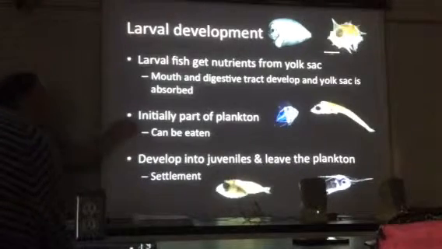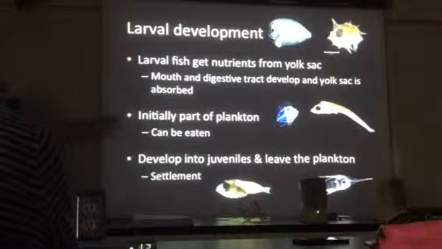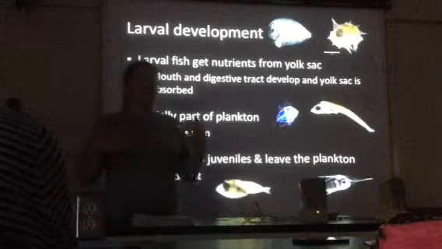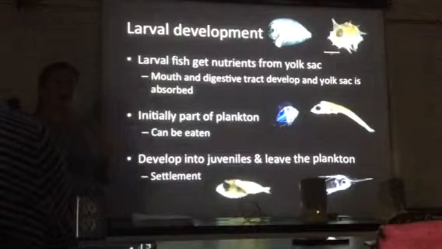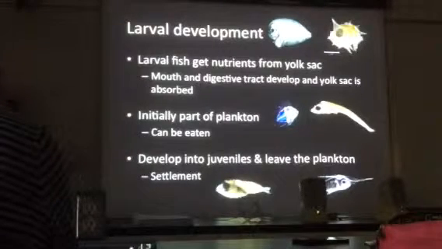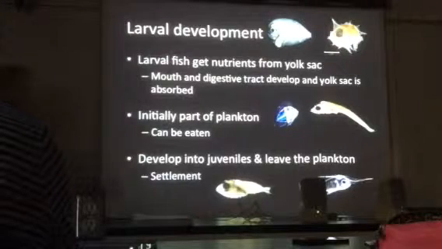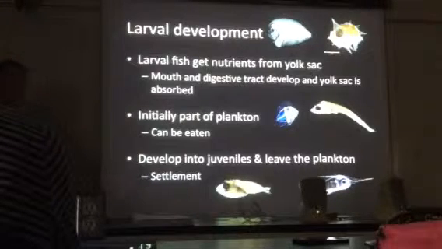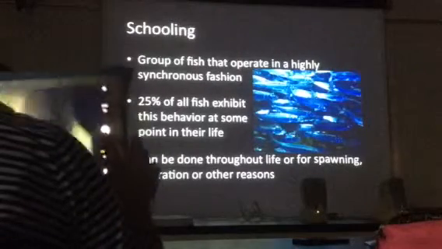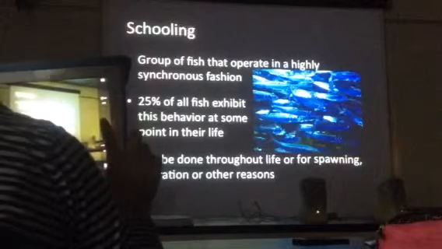So they're in the plankton, using up that yolk sac until they get to a size or developmental stage where they can actually feed themselves. Shortly after that stage, they will typically settle onto a reef or whatever habitat they typically live in. The timing of that varies a lot, and it's very species and habitat dependent.